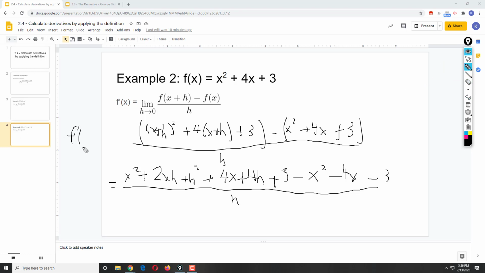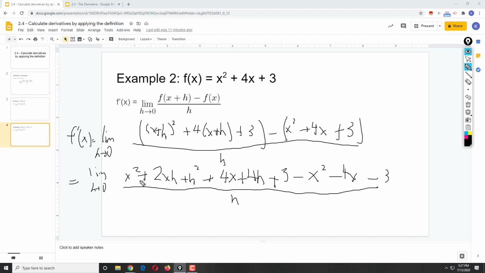F prime of x is really the limit as h goes to 0 of this whole term. So that's why it's going to equal the limit as h goes to 0 of what we just did earlier: x squared plus 2xh plus h squared plus 4x plus 4h plus 3 minus x squared minus 4x minus 3, over h.